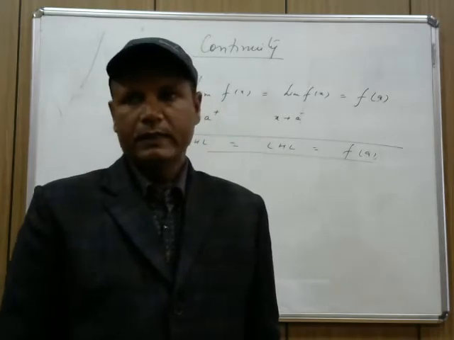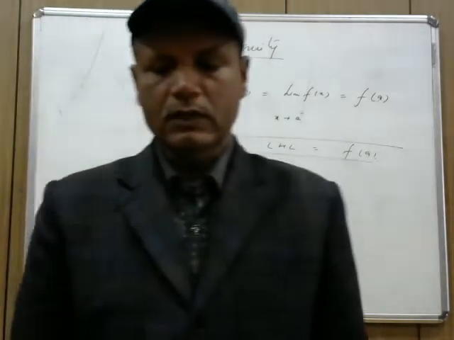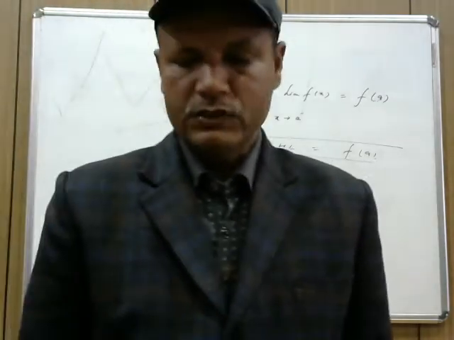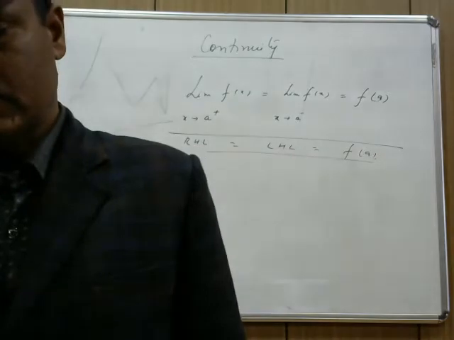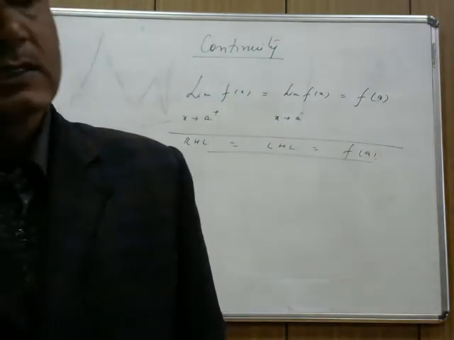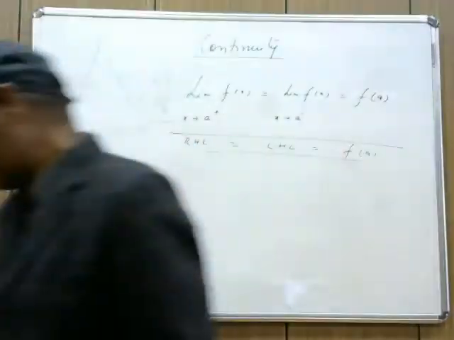Now, today I will discuss some concepts of continuous functions. Let f and g be two real functions which are continuous at a real number c. Some properties you have to write.